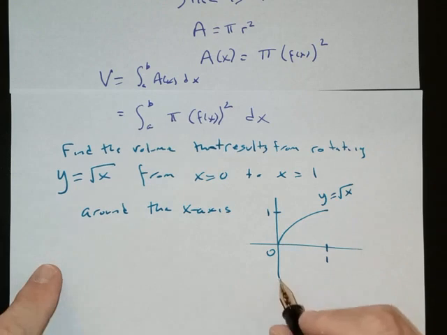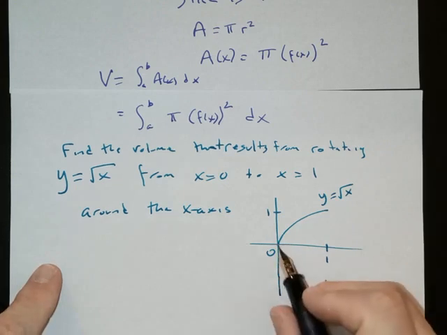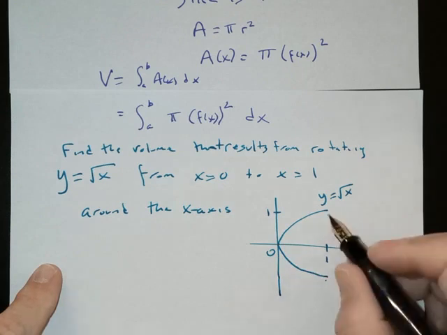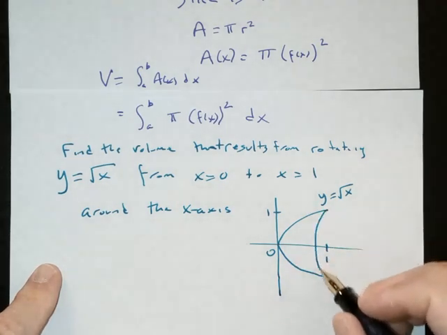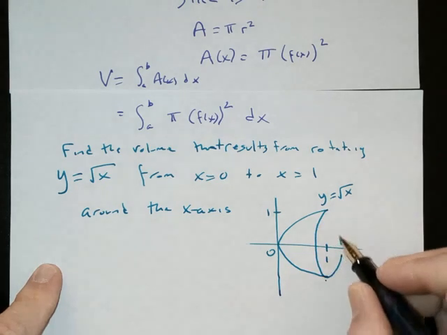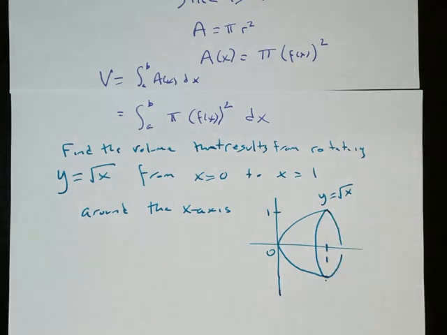Matter of fact, I'm going to draw down here the mirror image half. We go around, and then we come back up like that. I freely admit to being a crap artist, but at this point, bad art is still helpful.